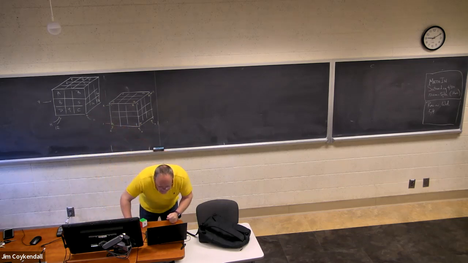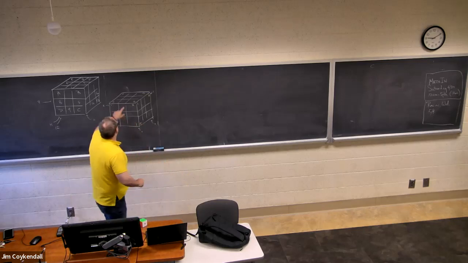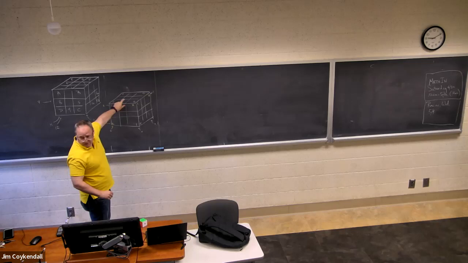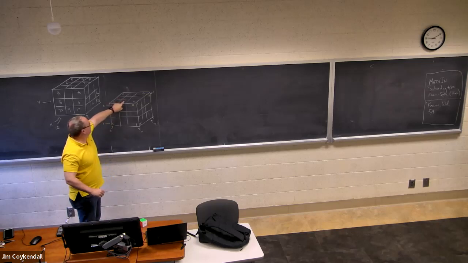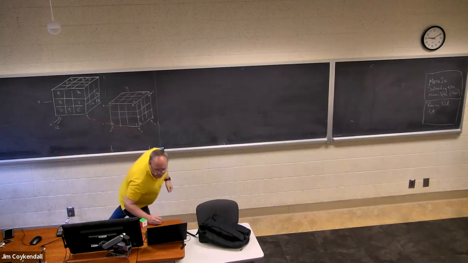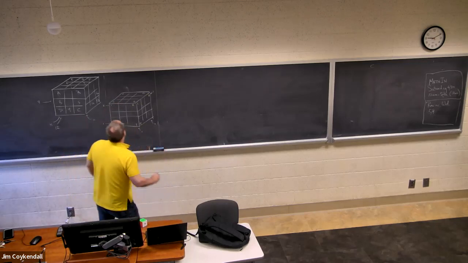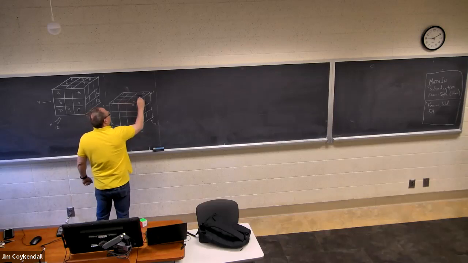And I am going to note that the side pieces only have 2 orientations, right? Because this part is facing up or this part is facing up. So this will make my life easier too. You orient this all zeros on the top.